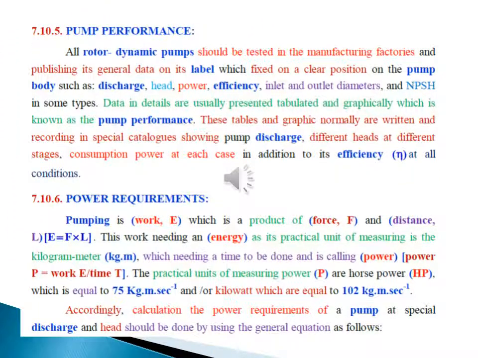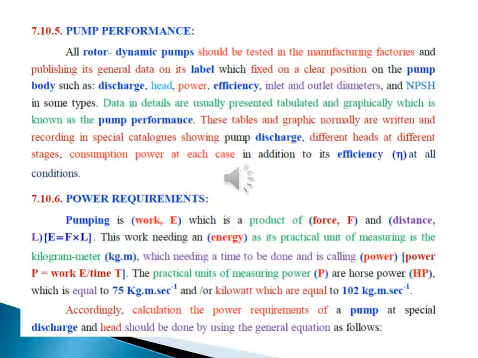Pump performance of a rotor dynamic pump should be tested in the manufacturing factory, with its general data published on a label fixed in a clear position on the pump body, such as discharge, head, power, efficiency, inlet and outlet diameter, and net positive suction head in some types. On the other hand, for power requirements, pumping is work, which is the product of force and distance.